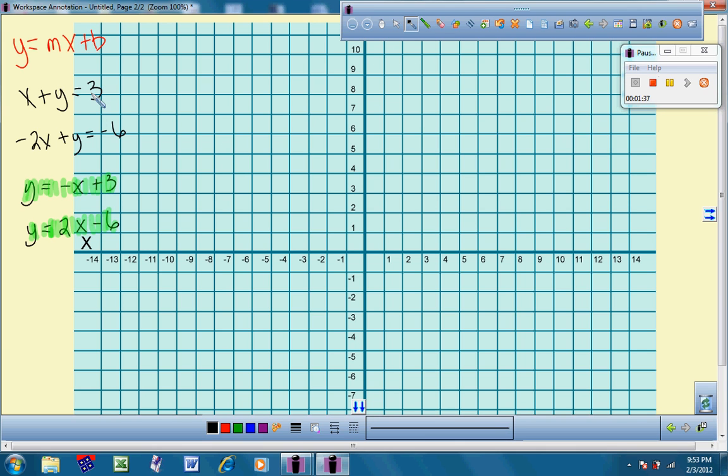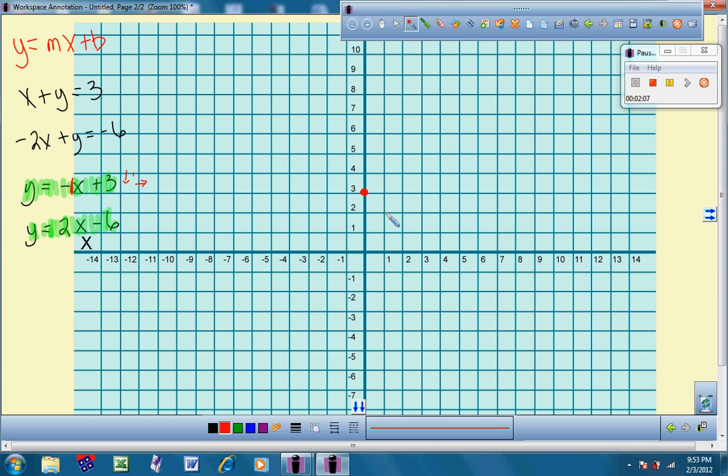Alright, so equation 1, let's go ahead and start graphing. The 3 is our y-intercept, so it's positive. It tells me I need to go to 3 on the y-axis and place a point. My slope, if you look in front of the x, there's that invisible 1. So my slope is negative 1, so that means I'm going to go down 1, right 1. Go back to where you plotted the 3.